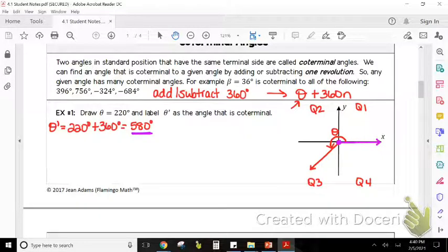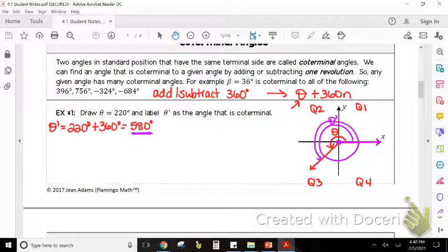I'm going to go a full 360 degrees, but I'm going 580 total, so I need to go an additional amount right here, which would be an additional 220 degrees. And so I would end right here where they share the same terminal side. So this is a theta prime. So that's a coterminal angle.